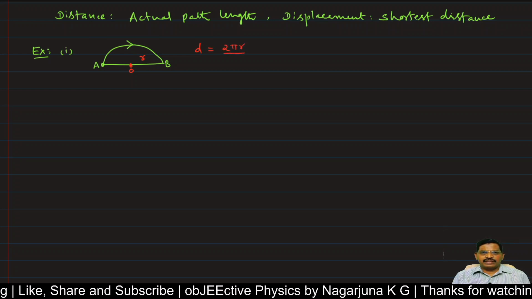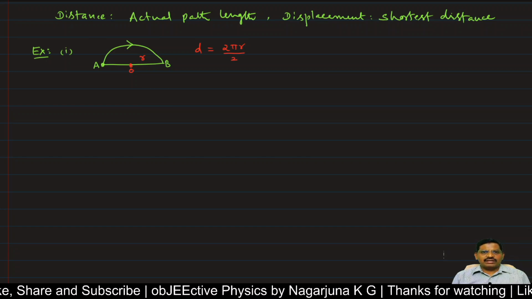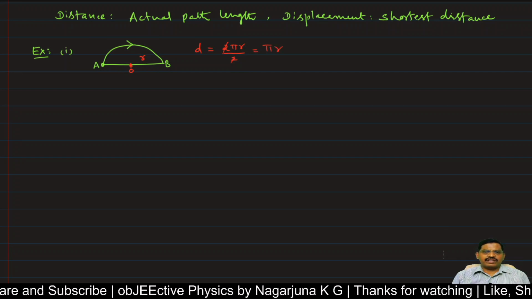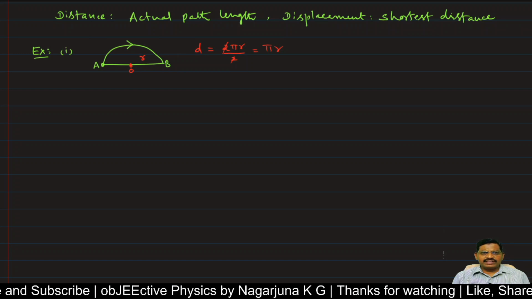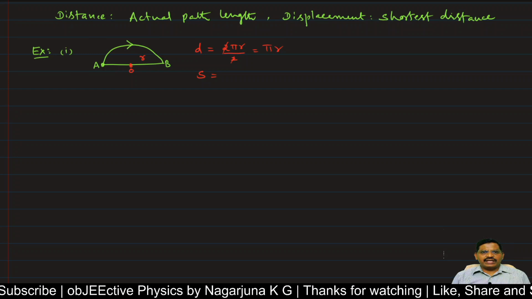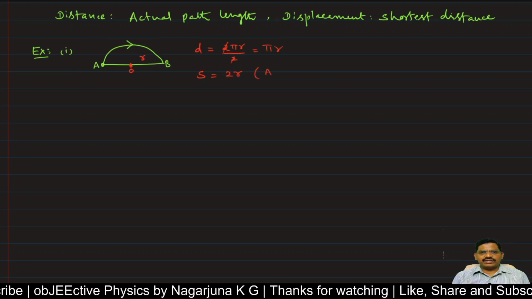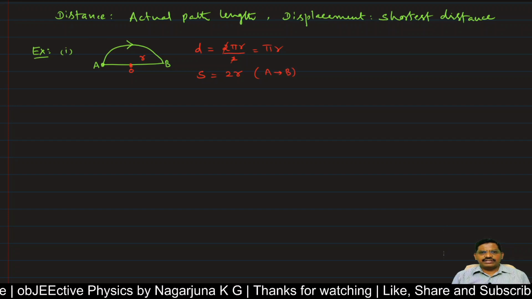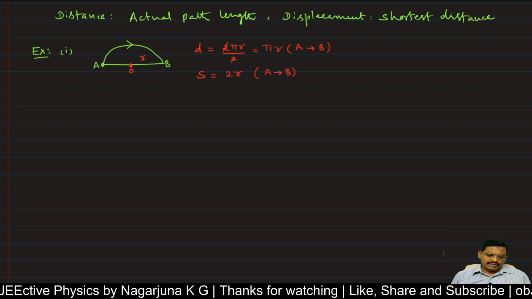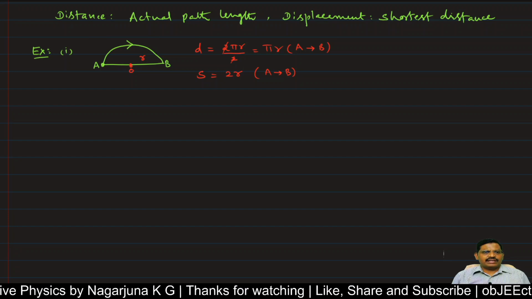Total perimeter of the circular path is 2 pi r. Half semicircle is nothing but pi r. Distance travelled is equal to pi r, whereas displacement S between A to B is equal to diameter. This is shortest distance between A to B. This distance is also between A to B along the circumference of the semicircular path.